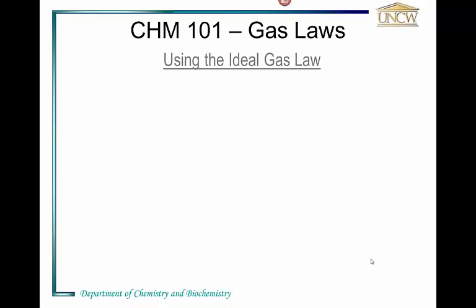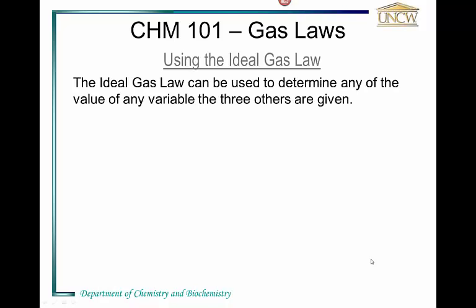Okay. All right, let's use the ideal gas law to predict directly one of the ideal gas variables. If you know 3 of the ideal gas variables, for example, temperature, volume, and pressure, you can calculate the 4th, which would be the number of moles. But let's take a slightly different problem.